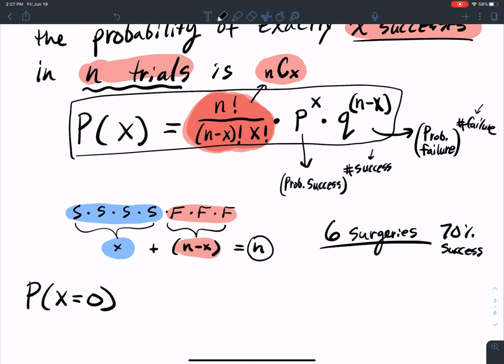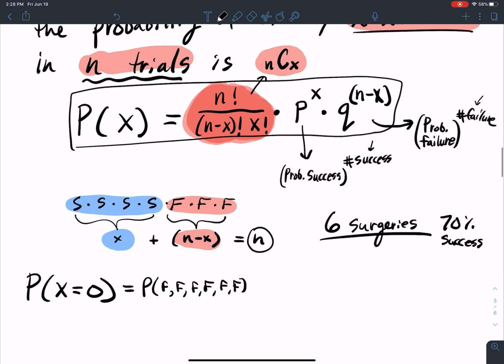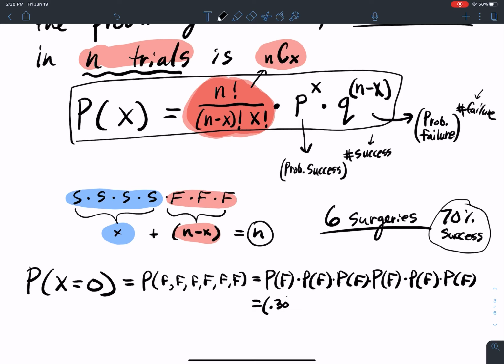That's a probability of a failure, and a failure, and a failure, and a failure, and a failure, and a failure. Well, since it's binomial, they're all independent of each other, so I multiply probability of failure times probability of failure times probability of failure, and I write that out 6 times. What is the probability of a failure? If the probability of success is 70%, the probability of a failure is 30%.